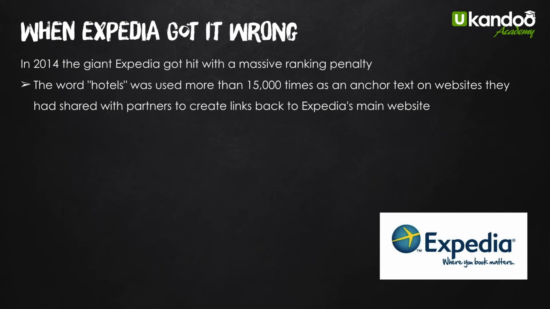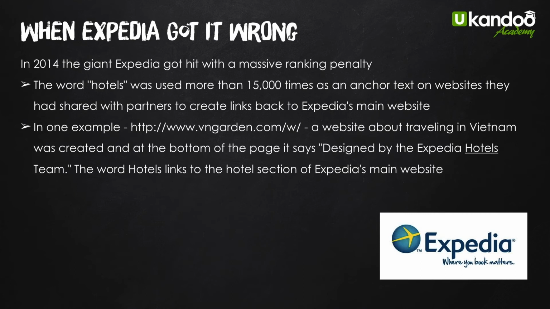So these are called OTAs, online travel agencies, who are using Expedia's engine to actually book holidays. So in one example, which is called vngarden.com, it's a website about traveling to Vietnam. At the bottom of the page it says "designed by the Expedia hotels team," and you can see there the link is underneath the word "hotels," and the word "hotels" links to the hotel section of Expedia's main website.